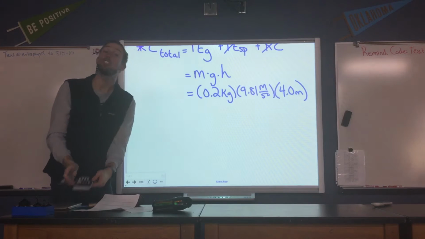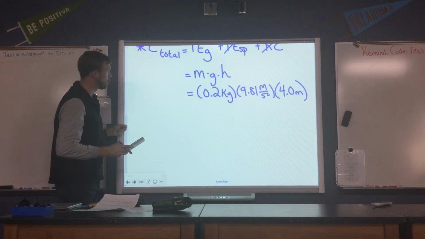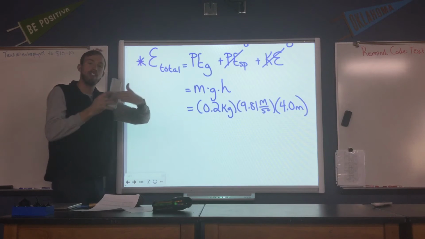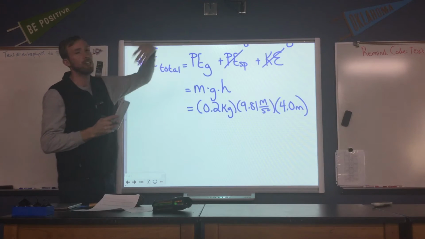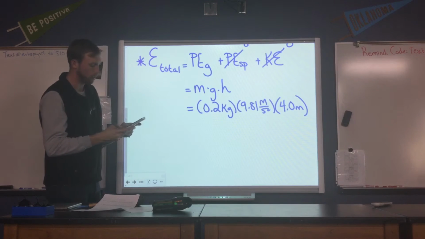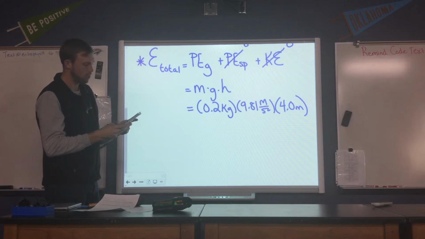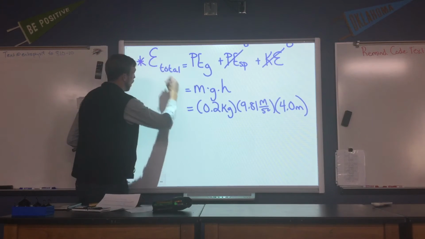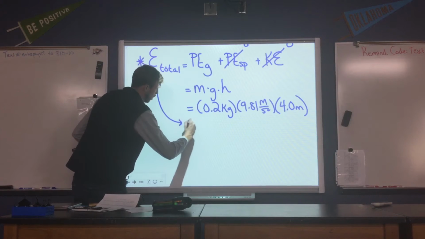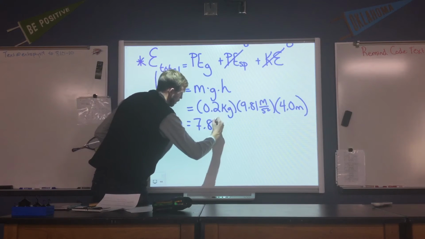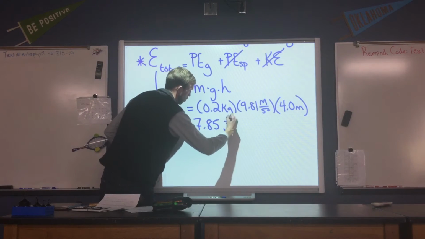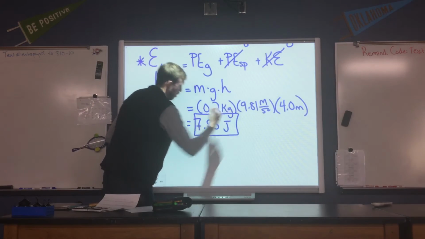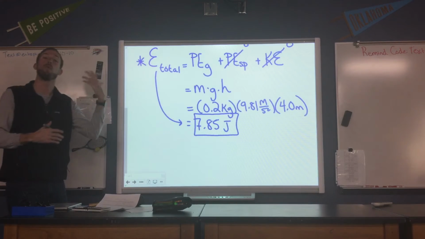So, we can find the total energy at the top, assuming that our ringer is stopped and that the spring has fully been released and transferred all of its energy to the ringer. So 0.2 times 9.81 multiplied by 4 gives us a value for our total energy of 7.85 joules. So now we have our total energy at 1 point.